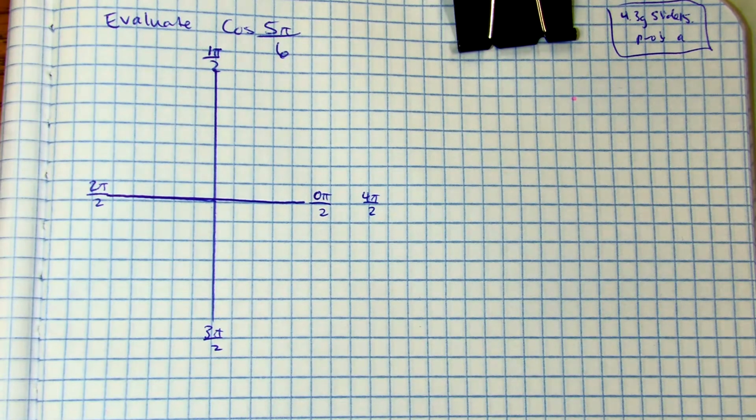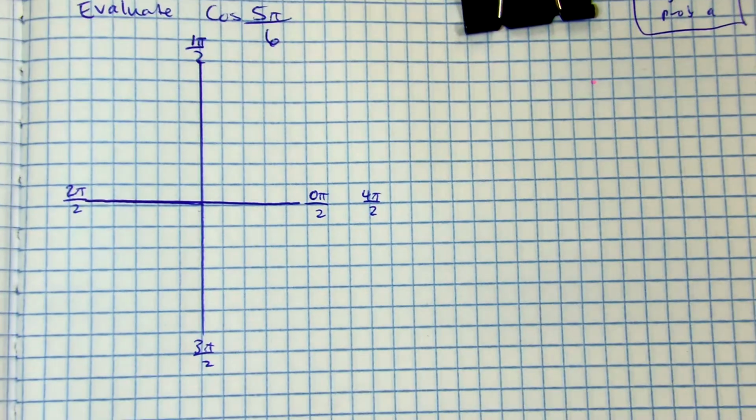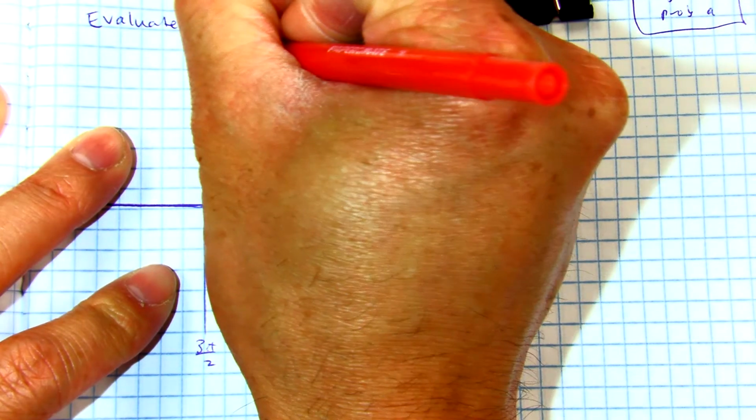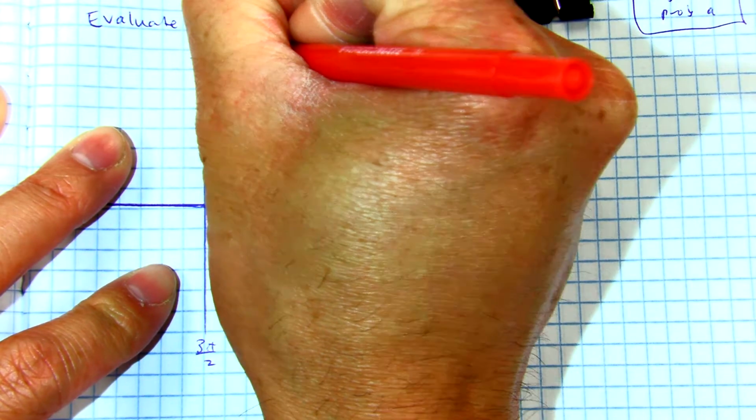Maria, what's our common denominator? Okay, correct. So we're going to have to multiply each of these by 3. And when I do that, go ahead and tell me what you get.